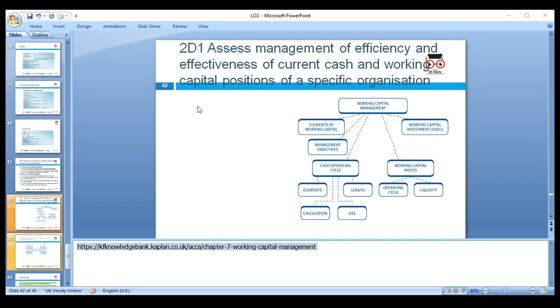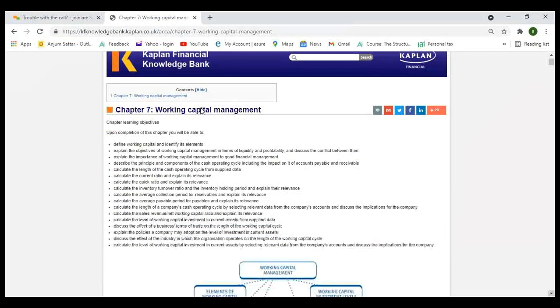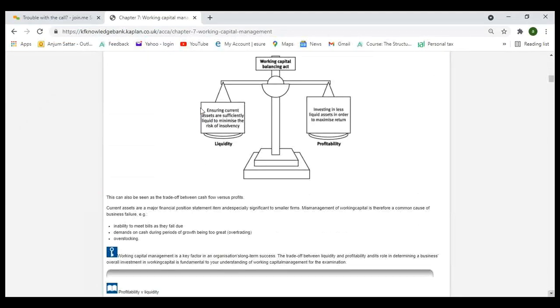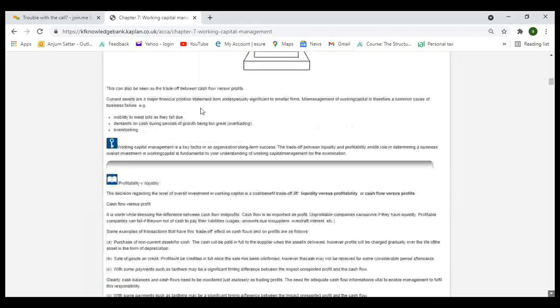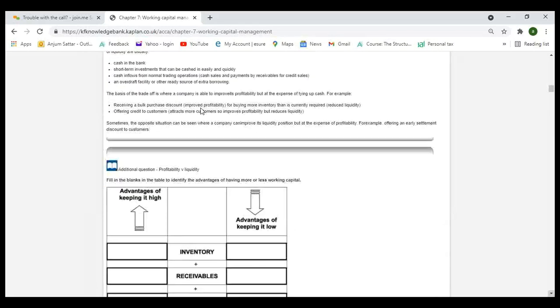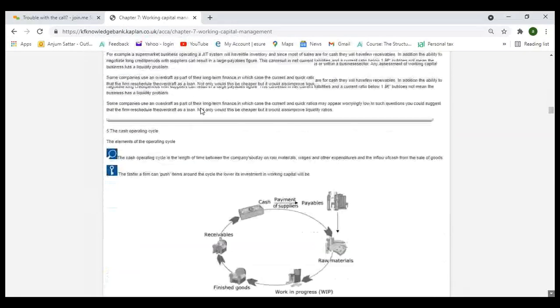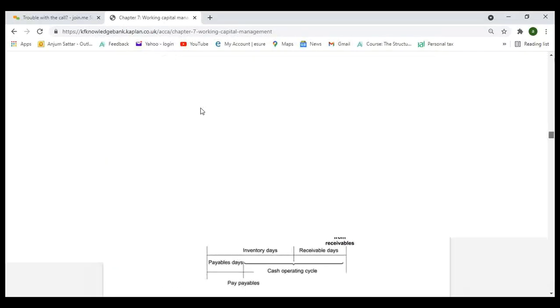Please, that will help you when we prepare the assignment, because of course this course is based on assignment, so we need to be well aware of what the sources are. You will see working capital all explained, and we have a lot of examples of working capital, the balance sheet, advantages, disadvantages, what ratios we can use, and how we can measure it.